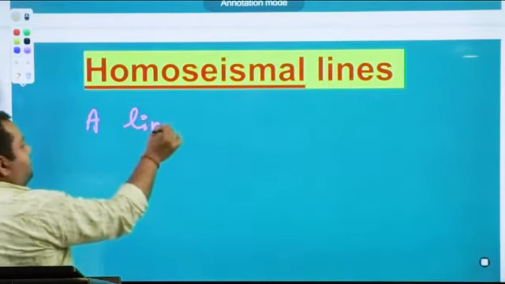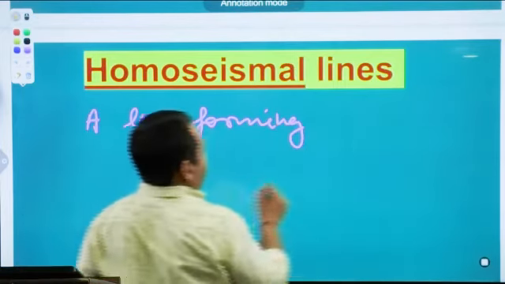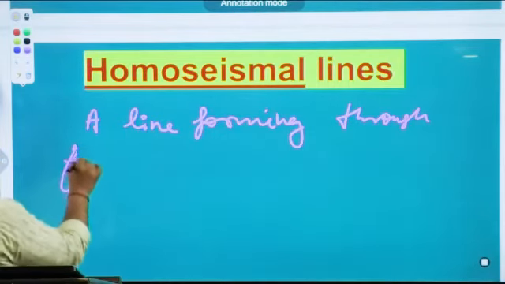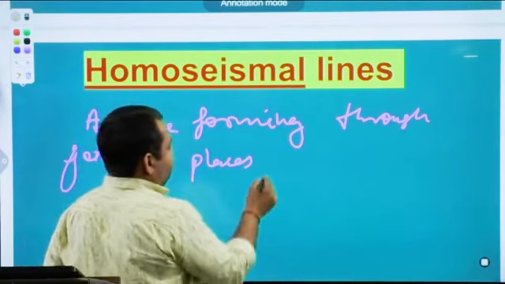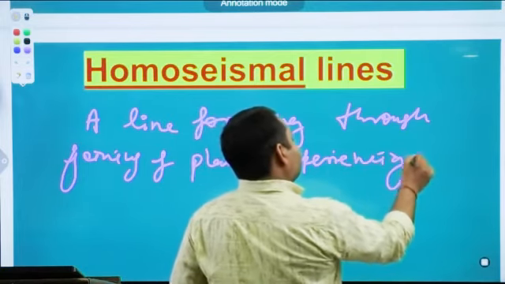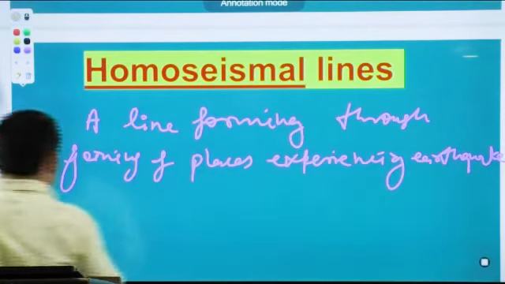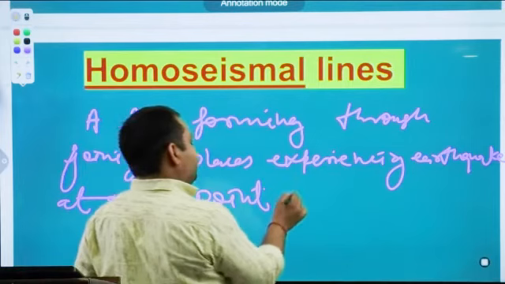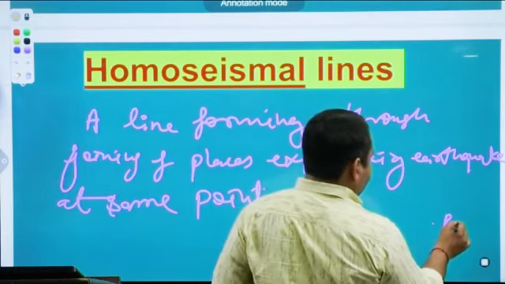A line formed through joining of places experiencing earthquake at the same point of time. Suppose this is the epicenter.